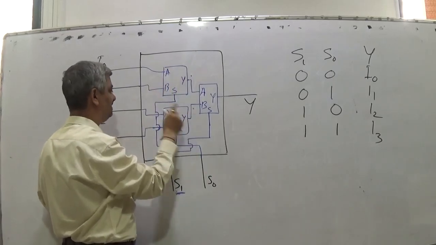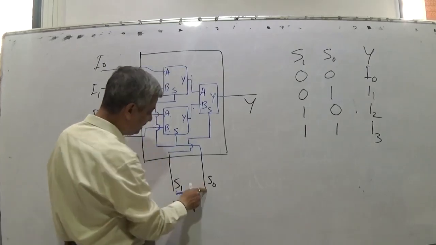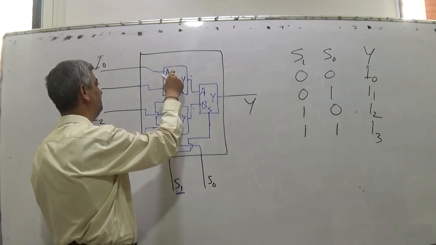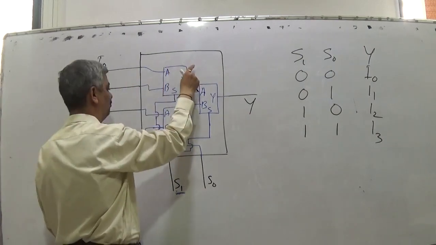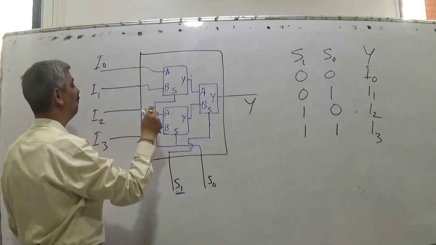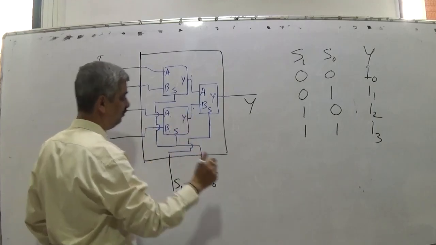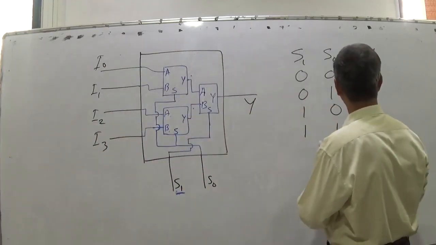The output of this multiplexer is either this or this. So S0, this select line, will decide whether this multiplexer should give this or this on its output. It also decides what this multiplexer should give on its output. So we can have all possible combinations.